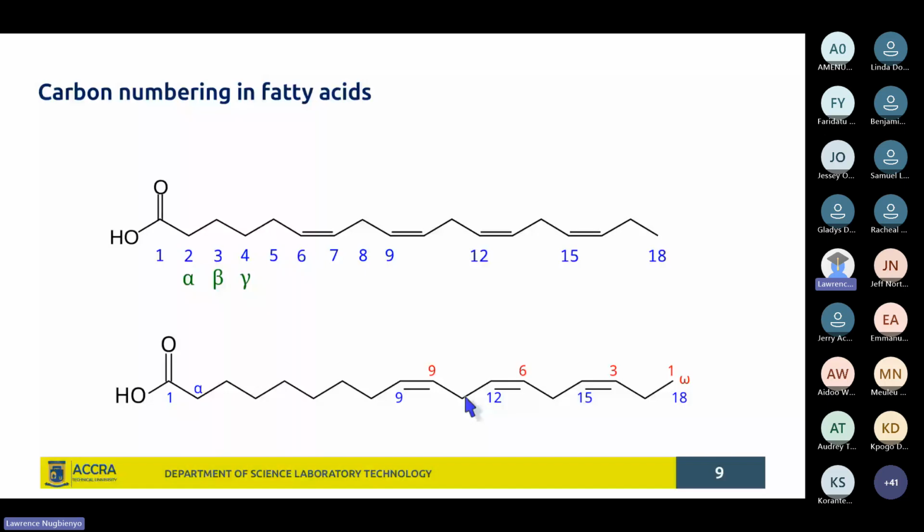Some foods are marketed as such that they contain omega 3, omega 6, omega 9, or even some food supplements are marketed that way, meaning that they have these essential fatty acids, or fatty acids that can easily be broken down, and so they are healthy. That's all it is that is in these marketing messages.